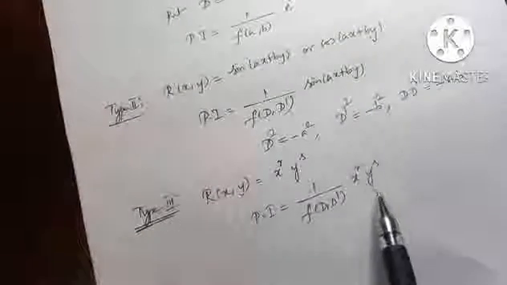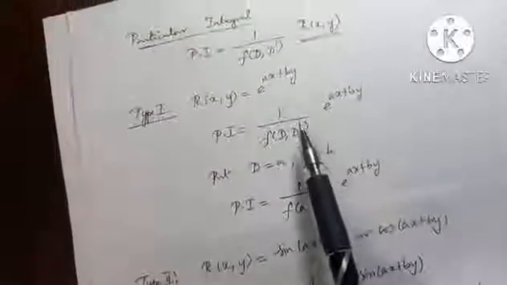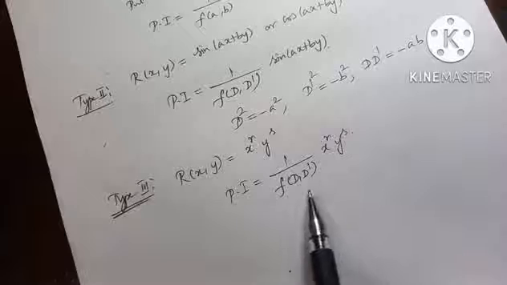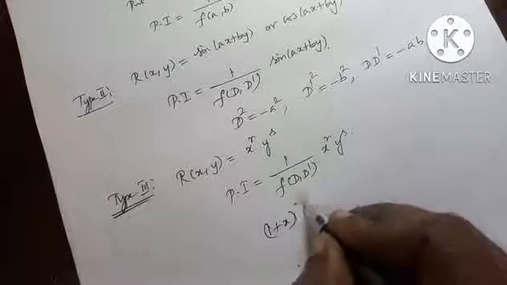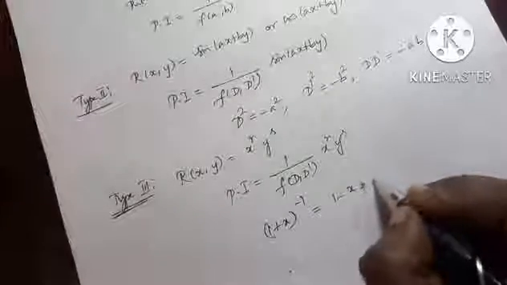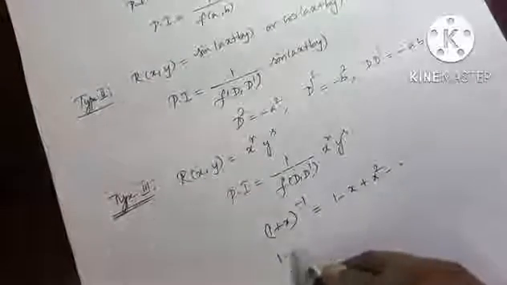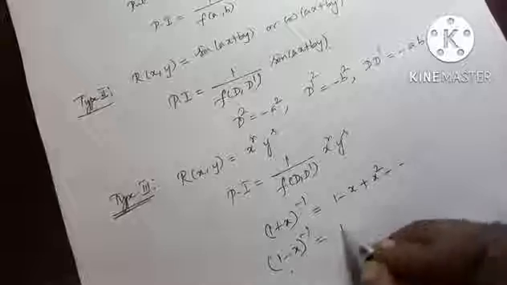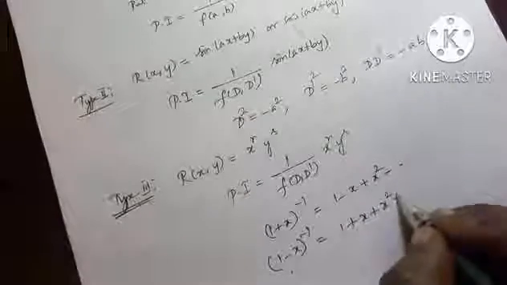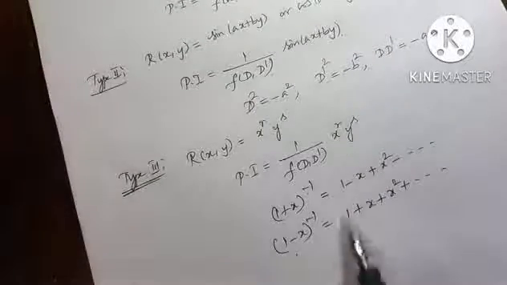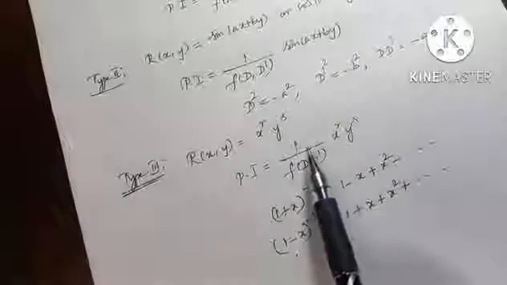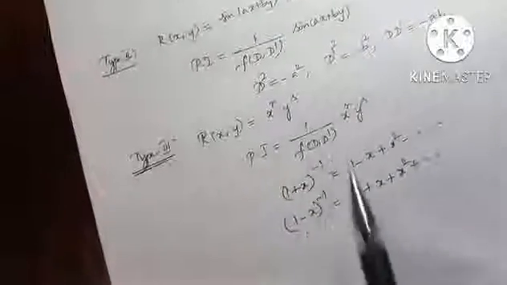Type 1 has some rule, type 2 has some other rule, and type 3 we have to use binomial expansion: 1 plus x whole power minus 1, 1 minus x whole power minus 1. So we have to use binomial expansion for this type. We shall discuss in the problem.